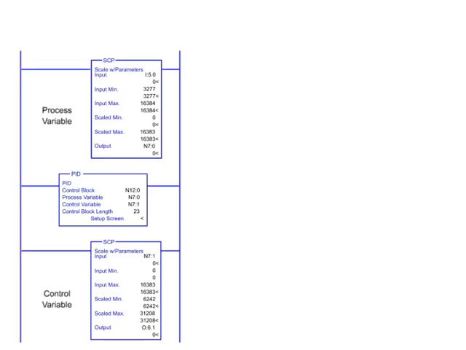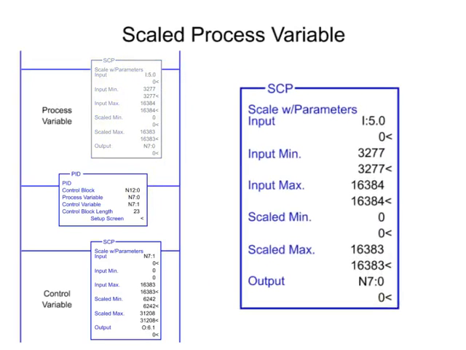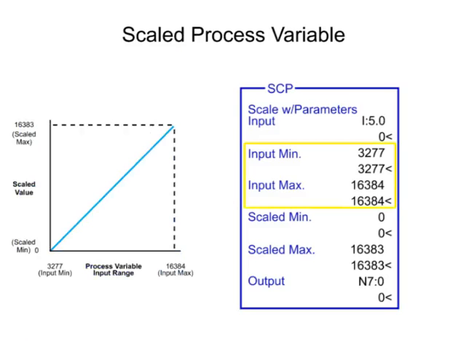The input parameter of the SCP instruction contains the memory address of the analog input module. The input minimum and input maximum are programmed as the smallest and largest values produced by the analog input module. The input values are then scaled between the ranges programmed in scaled minimum and scaled maximum parameters.